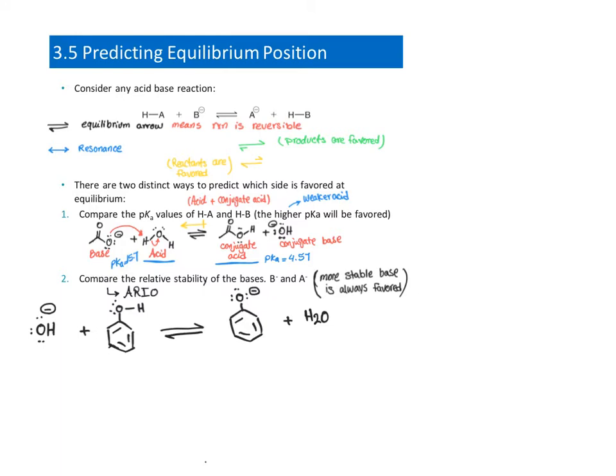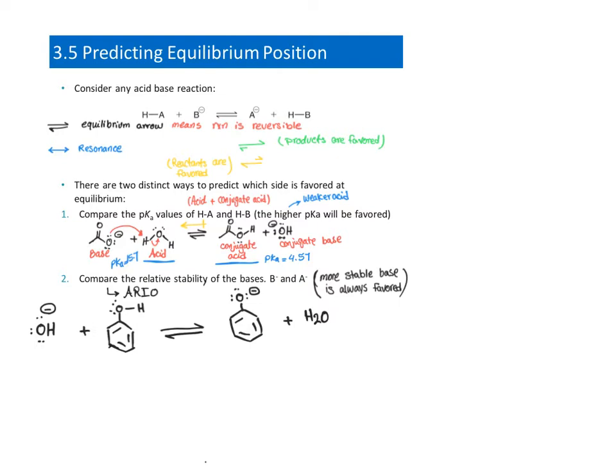Okay. So this is an acid and base reaction. Phenol reacts with hydroxide and forms the products. The hydroxide is our base because it takes the proton and is protonated to form water, and phenol is deprotonated to form the phenoxide.